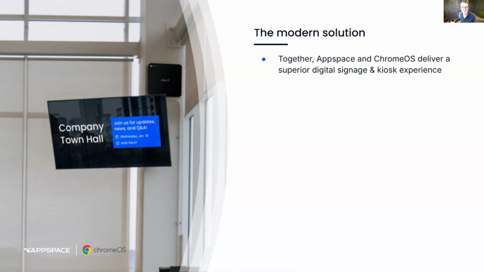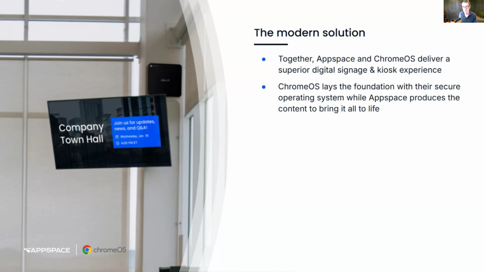What does that modern solution perhaps look like? I would say, in my humble opinion, Appspace and ChromeOS do help you deliver that sort of experience, that dynamic communication and that ease of management. A big piece of that is the foundation, which is ChromeOS, right? It's a secure operating system, which Appspace can then layer on top of very easily and effectively to actually get that content out there, right?